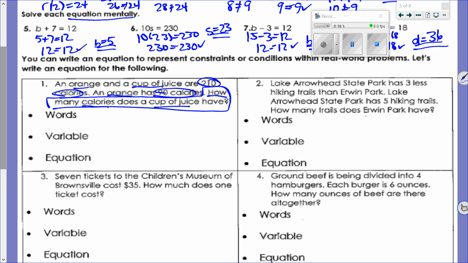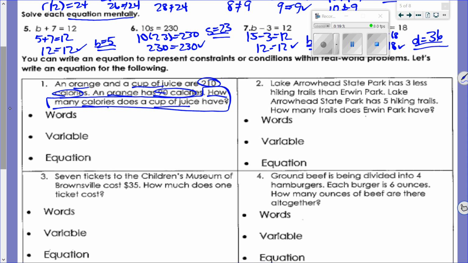In words, this is basically just a way of restating what we're seeing here. So what am I doing? I'm saying an orange and a cup of juice. So what operation would that be? Addition. Okay.